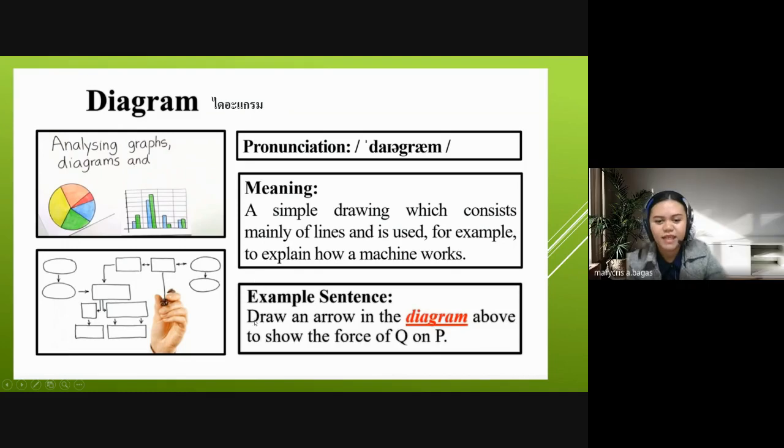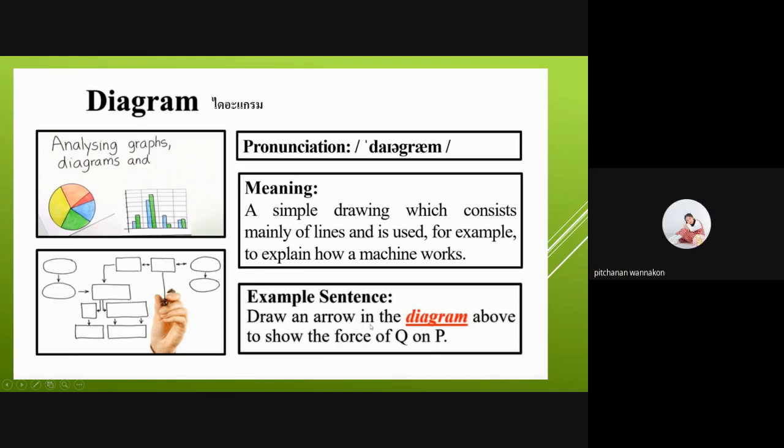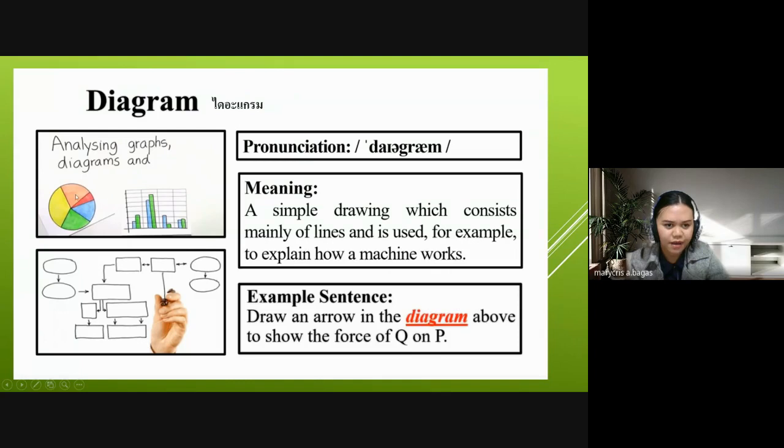Example sentence: Draw an arrow in the diagram above to show the direction of the force. When you say diagram, it looks like this. We have here a pie graph, a bar graph, and this one is also called a diagram, but I am not sure what kind of diagram this is. Venn diagram? No.